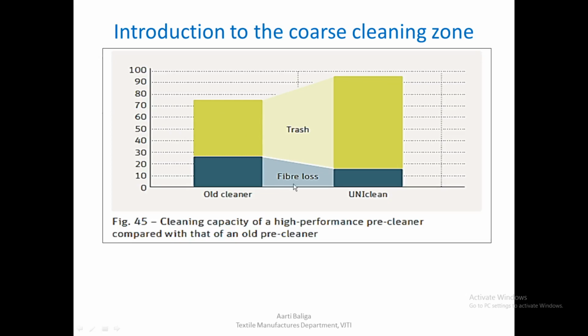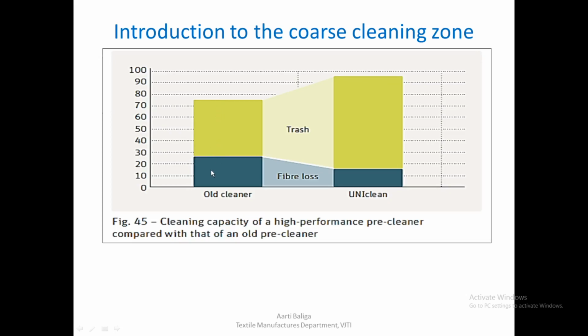So let us look at a comparative graph of the old cleaner and the new UniClean by Ritter. We are seeing the cleaning capacity of a high performance pre-cleaner compared with that of an old pre-cleaner. Here we are seeing the fiber loss, and this is the trash percentage.